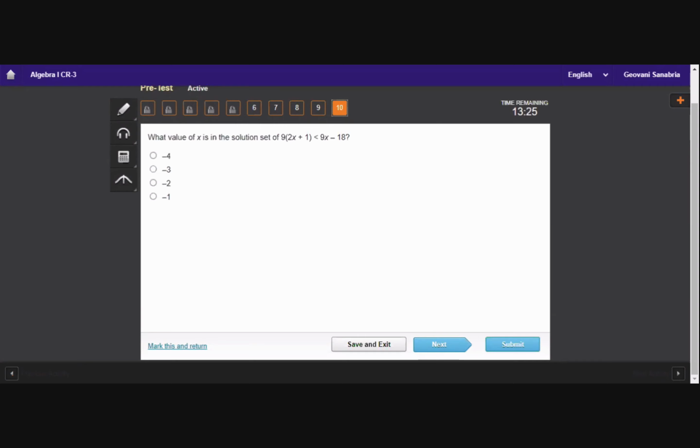Again, you're gonna solve. Figure it out. Okay. 9 times 2 would be 18. I got 18x plus 9 less than 9x minus 18.